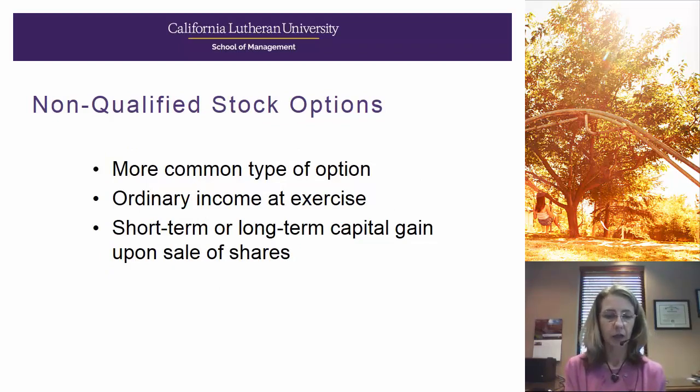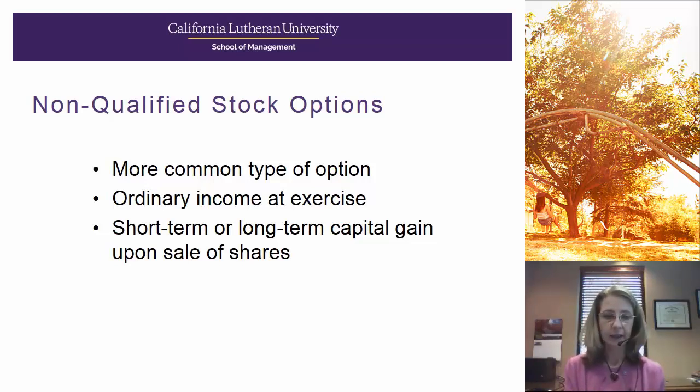Non-qualified stock options are more common. You may have many clients who are rank and file employees of Fortune 500 companies who have the ability to take advantage of non-qualified stock options. And what happens when an employee exercises non-qualified stock options is that they recognize ordinary income. In fact, they recognize compensation. So that's subject to ordinary income tax and it's subject to payroll tax.